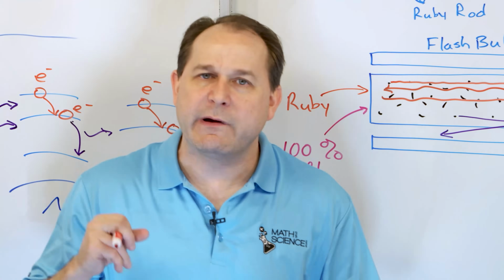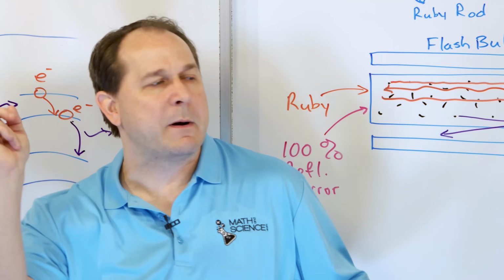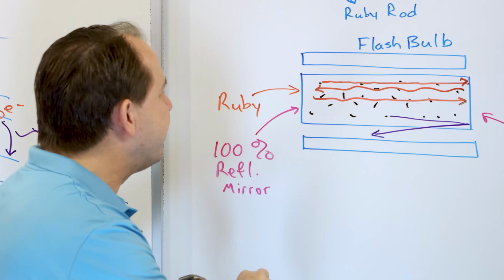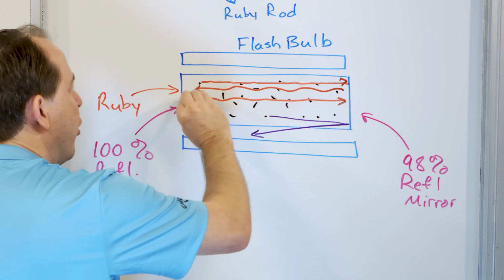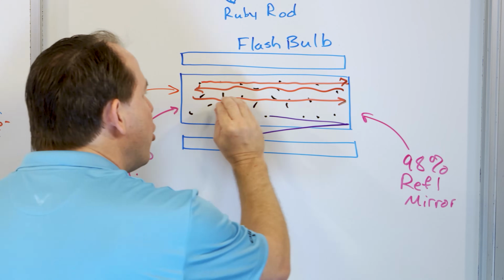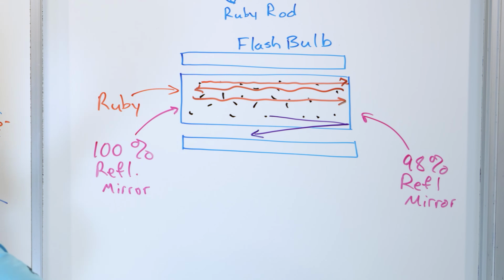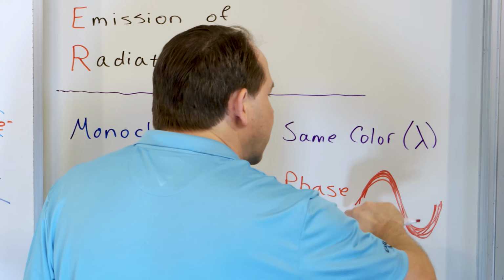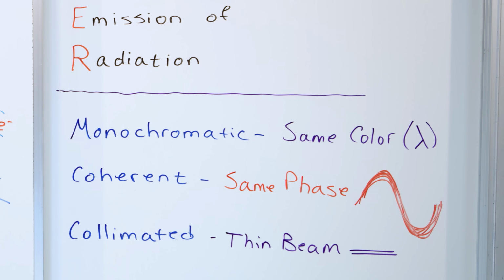When they generate more photons, again, a fraction of them are bouncing back and forth and causing the process to continue until finally you have so many of these photons all traveling in the same direction, all with the same color, and all with the same wavelength. Remember we said that they have the same phase. So all of these photons have the same crests and troughs as well.